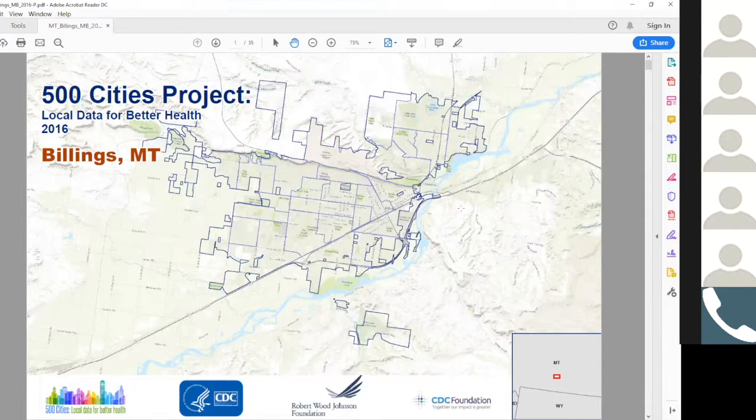That's important for a program like the Missoula Invest Health program, because they're really trying to focus on targeted interventions in specific neighborhoods rather than county-level interventions. So being able to have health data at the neighborhood level can be really useful for such programs.